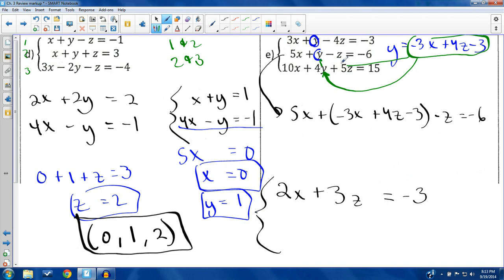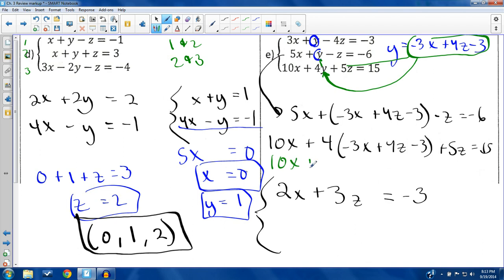In my second equation, I have to substitute this in for y and distribute the 4. So I'm going to get 10x plus 4 times (-3x plus 4z minus 3) plus 5z equals 15. Let's use a different color so I'm not too spatially inadequate.